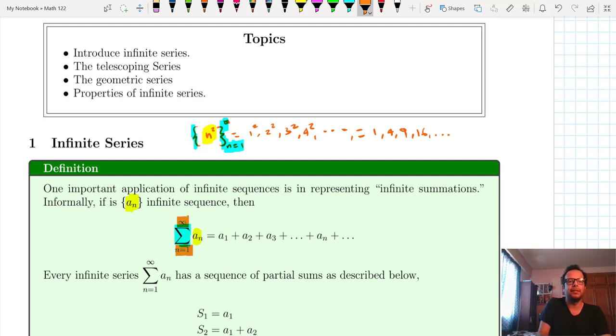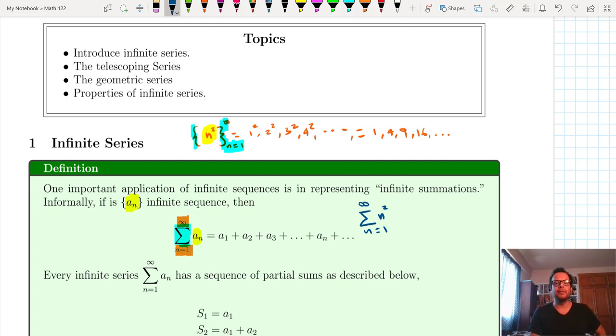So if we write the above sequence in terms of a series, we would write it this way: the sum of n squared, where n starts at 1 and goes all the way to infinity.